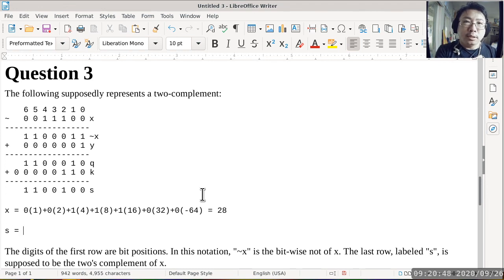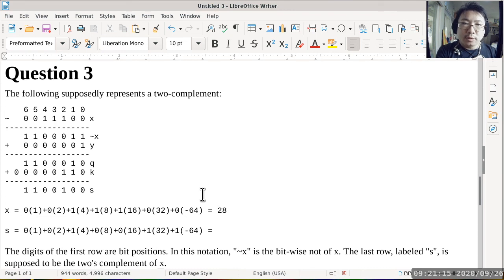On the other hand, the sum is going to be 0 of 1, 0 of 2, 1 of 4, 0 of 8, 0 of 16, 1 of 32, and 1 of negative 64. So we just have to kind of add up these numbers, these particular values.